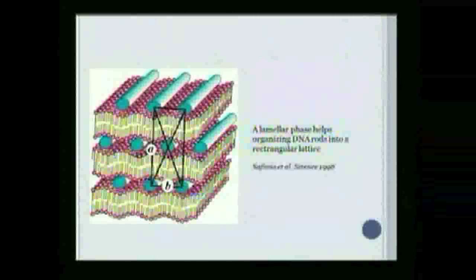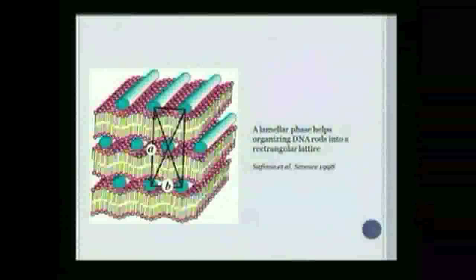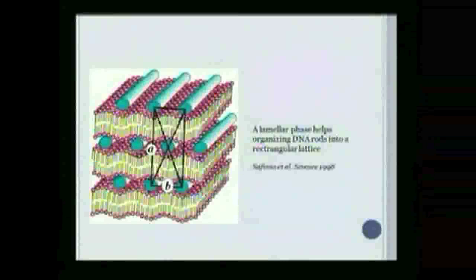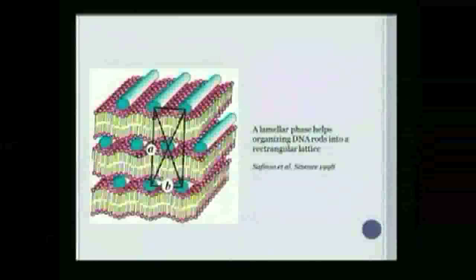So in this case you use the self-organization of surfactant to induce the organization of another species, and then to study it more easily than if you have disordered rods of DNA. Moreover, it can be interesting to order rods of DNA for some applications. So it's also a typical example of using this self-organization of surfactants.